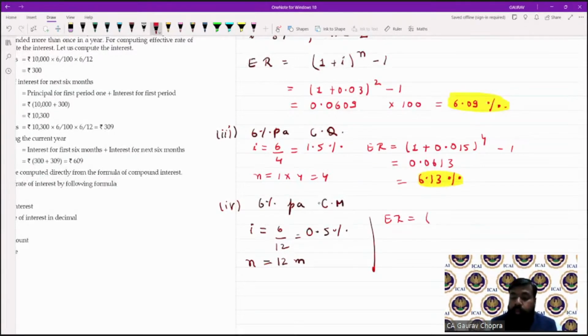Effective rate equal to 1 plus 0.005 to the power of 12 minus 1. Let's calculate this. So we are getting 0.0616. So 6.16%.